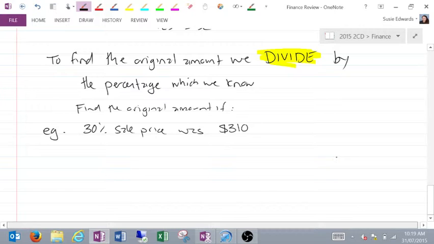All right, so if we have a look at 30% sale price, okay, is $310. What percentage of the full amount is $310? It's 70%. That's the bit you need. That's the tricky bit of this. It's 70% of the full amount. Can everyone see that? Because it was 30% off. So therefore, how do I find 100%? 310 divided by 0.70.